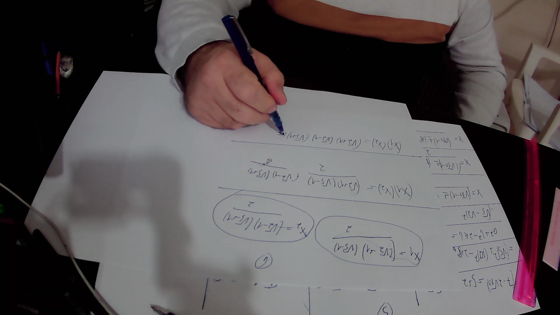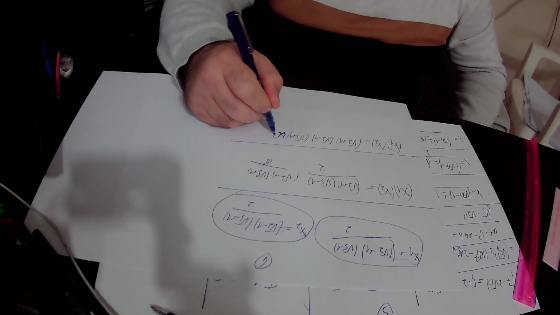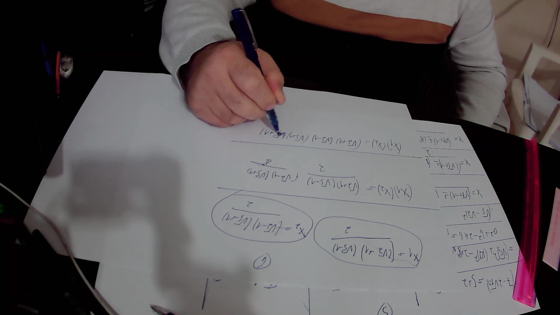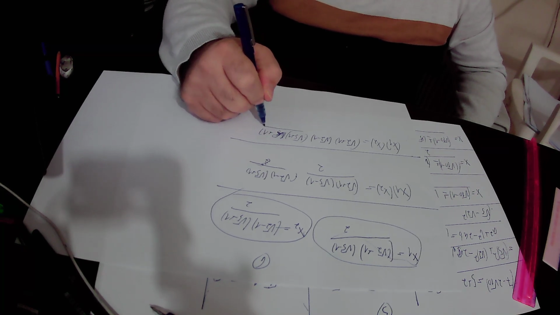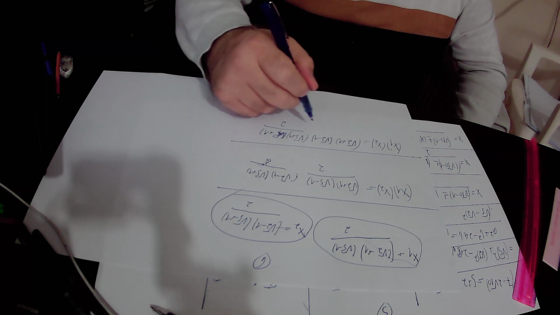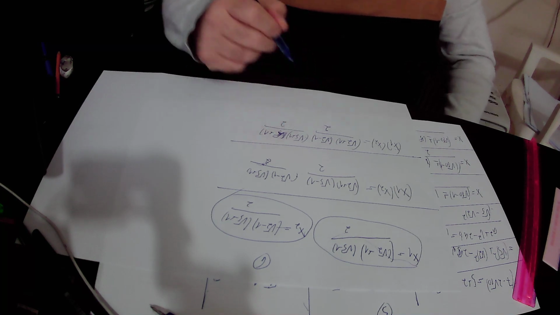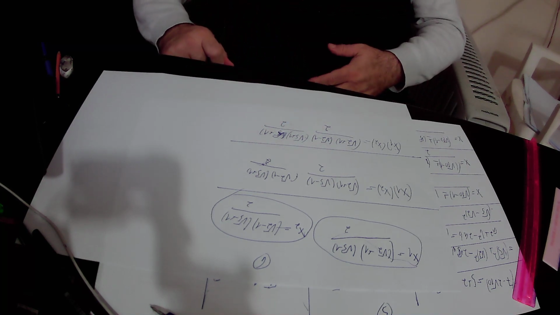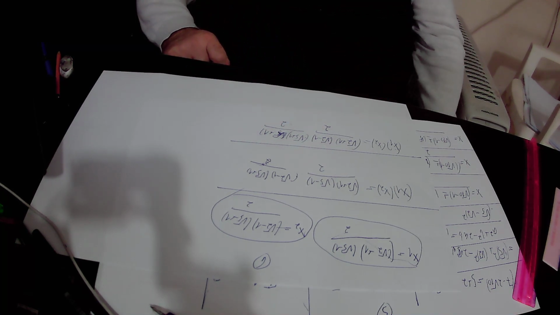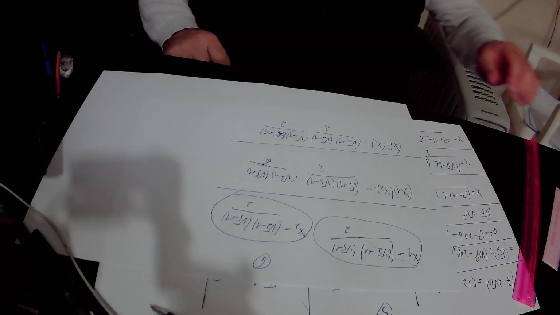Square root of 5 plus 1, divided by 2. Okay, so now we will calculate the value of x1 times x2.